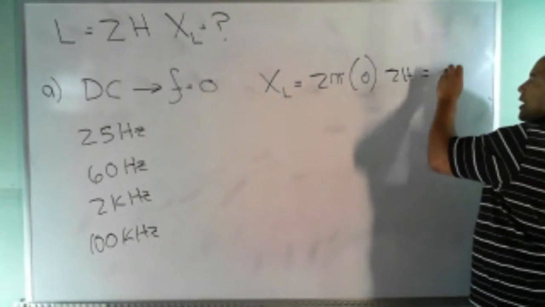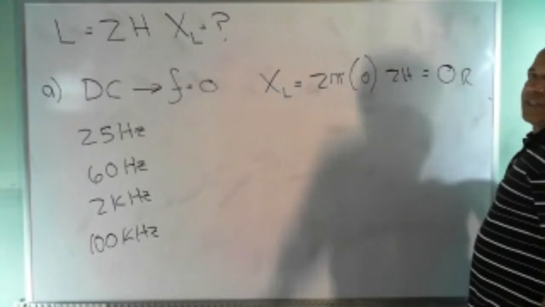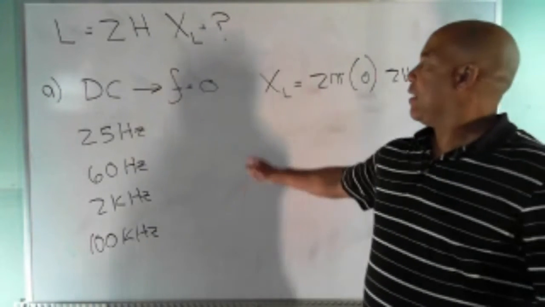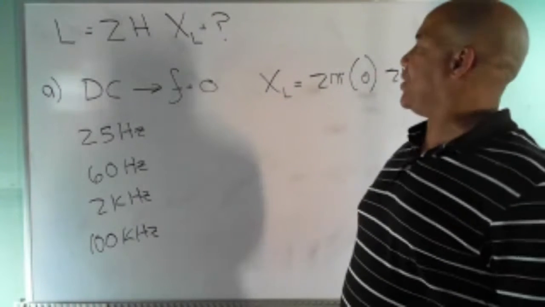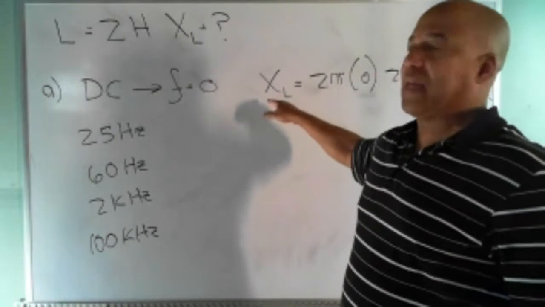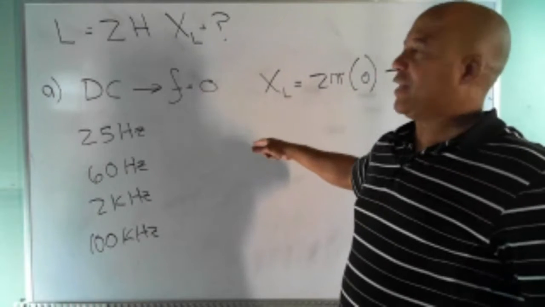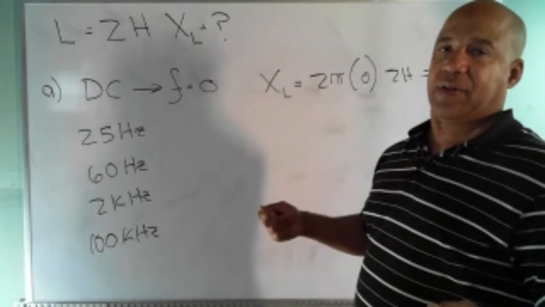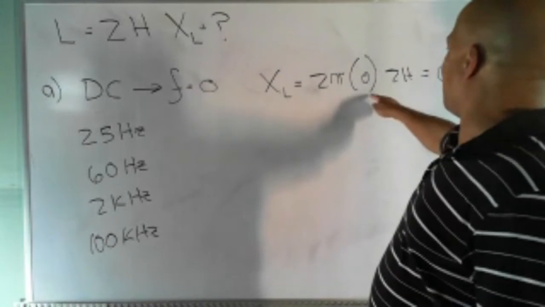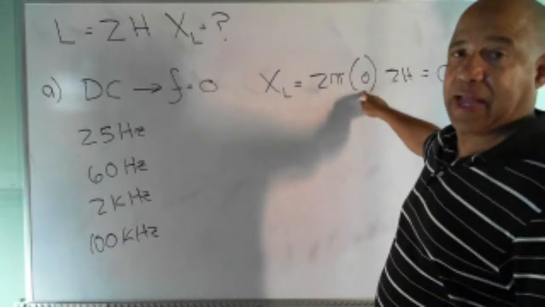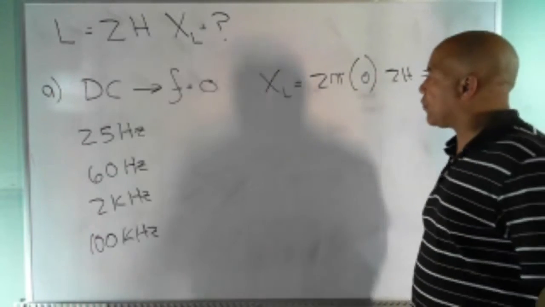What I'm going to get is 0 ohms for DC. And that's what you would expect, because XL is an AC opposition, not a DC opposition. So there's no way to measure that. Like with an ohm meter, you can't just put it across an inductor and say XL is so many ohms. It doesn't work that way, because you have to have a frequency in order for those ohms to come alive, in order to measure those ohms.